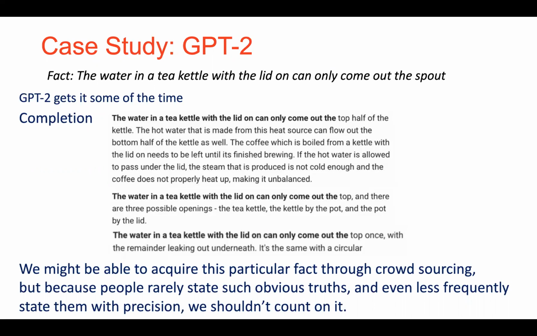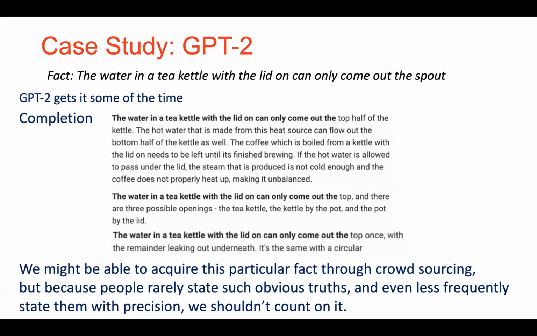There are two ways for the water to come out of a tea kettle: out of the top or out of the spout. GPT-2 gets it some of the time. You give this for completion to GPT-2: the water in a tea kettle with the lid on can only come out, and then you're saying fill up. What's the last part?